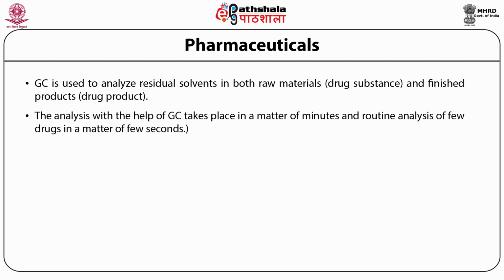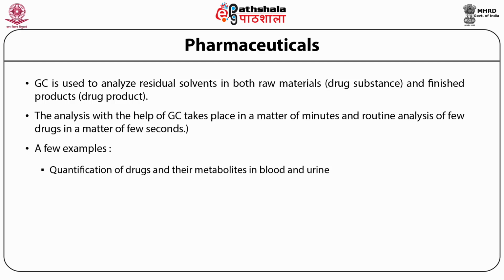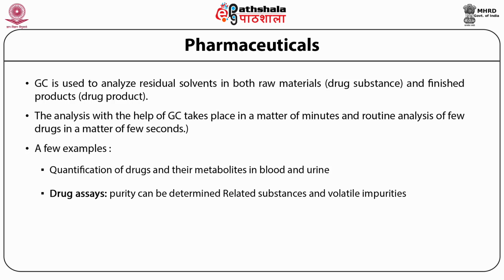With the help of GC, routine analysis of a few drugs is a matter of a few seconds. A few examples are in determining the levels of metabolites in body fluids like plasma, serum, urine, etc. Quantification of related substances and volatile impurities.